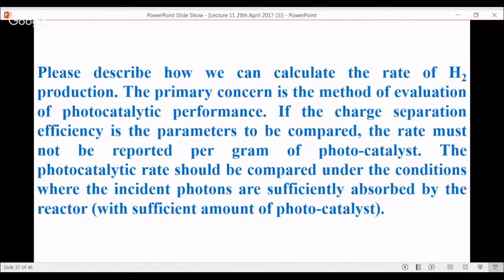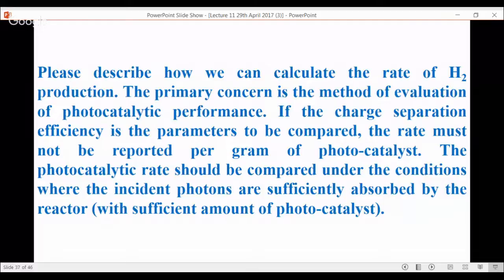Okay, but that is not enough. We have to consider per gram of the catalyst and per photon absorption. Okay, how will we take all these things into account? Because catalyst is one, absorption is another, the third one is the amount of hydrogen that is evolved, and also how much hydrogen is evolved per photon absorption. That is the conventional quantum efficiency of the process.